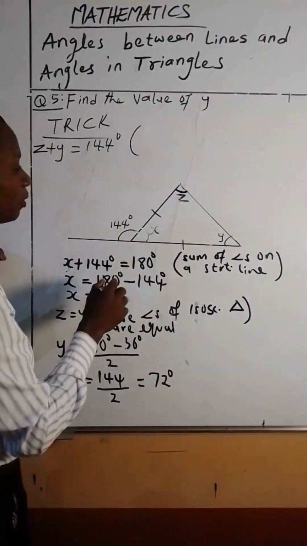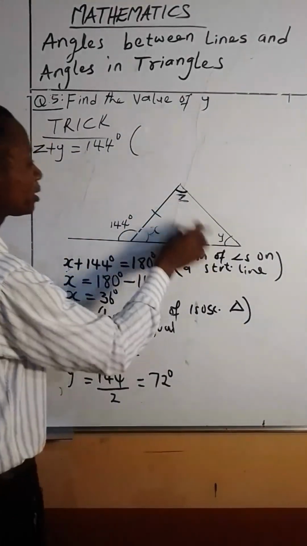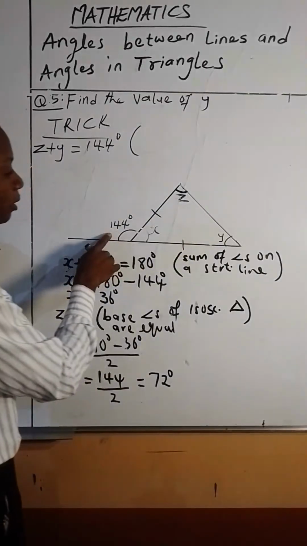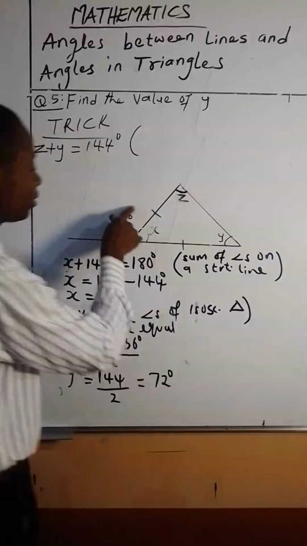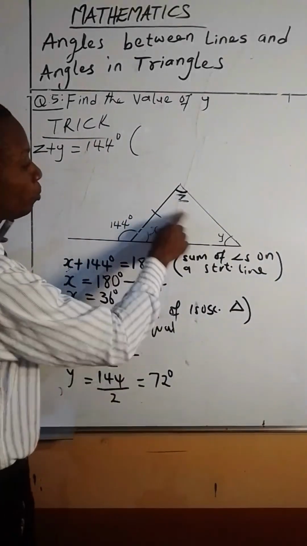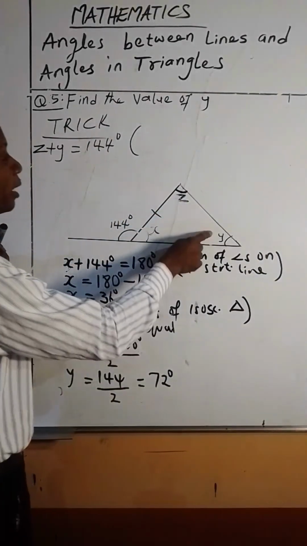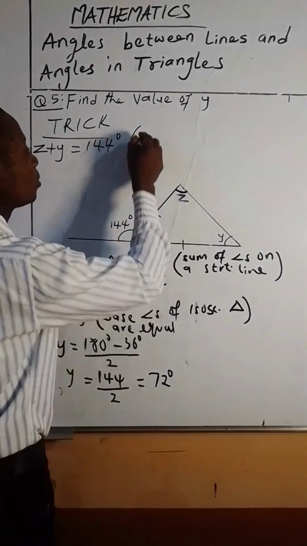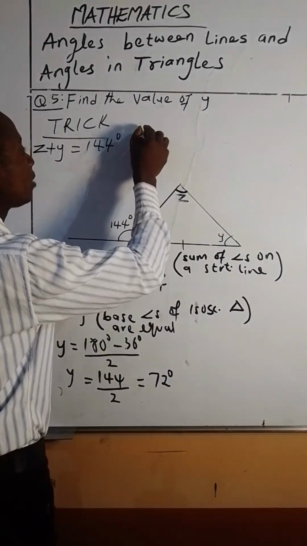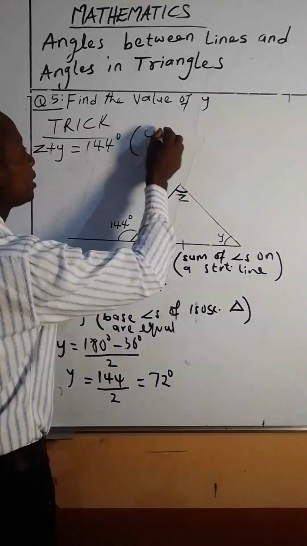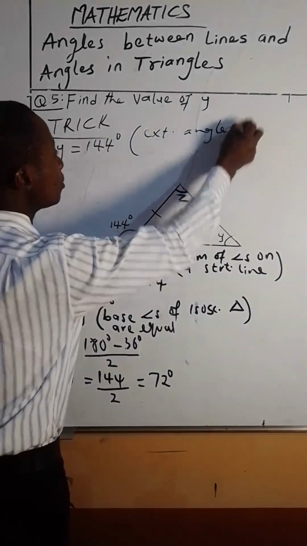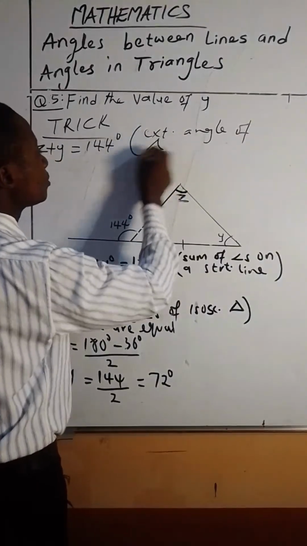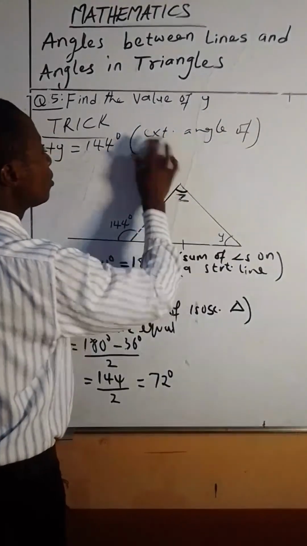The reason is because these are the opposite interior angles. This exterior angle is equal to the two opposite interior angles summed together. We call it the exterior angle of a triangle.